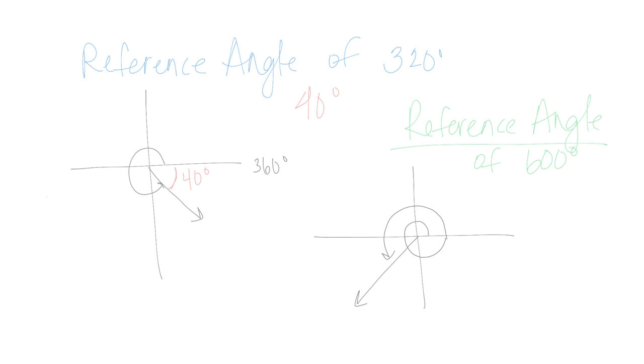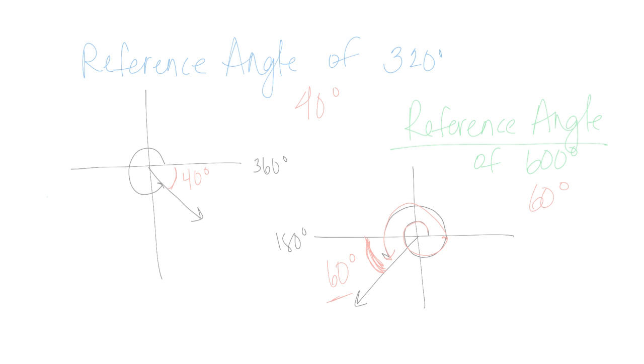Okay? And I'm going to reference back to here, to the 180. So from here to here is 60 degrees. Okay, right? Because I know I went a full 360, and then I had to go another 240 to get here. And then the 240 here from 180 is a difference of 60, so the reference angle here is 60 degrees.